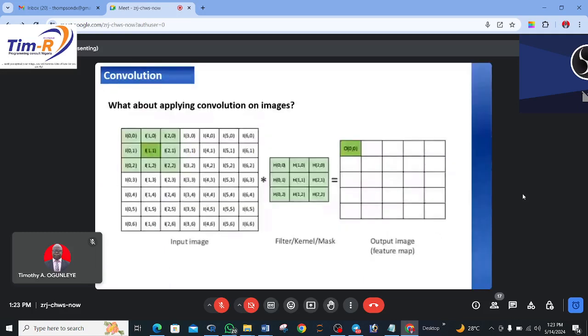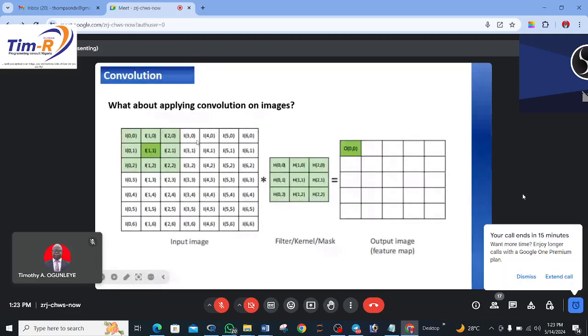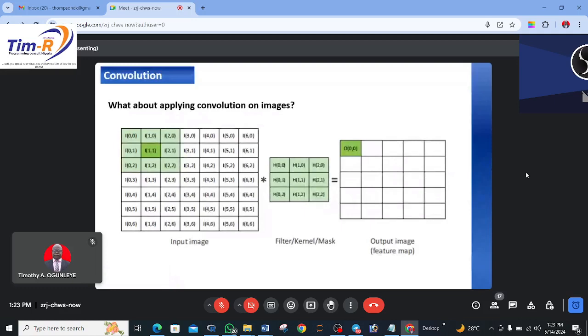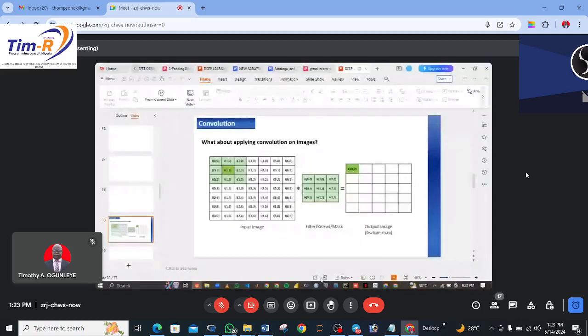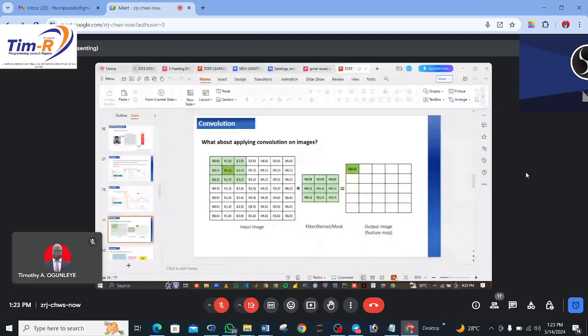One thing we want to look at is how we can apply convolution on images. For example, let us say this is an input image, and we know that an input image is always represented as pixels. Can you still see my screen?